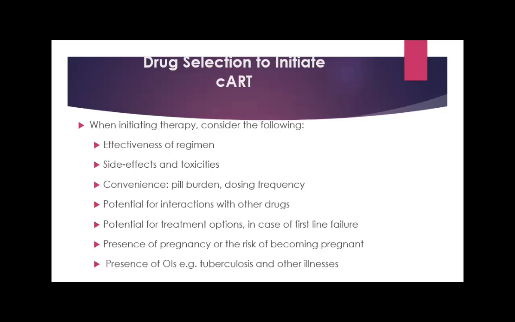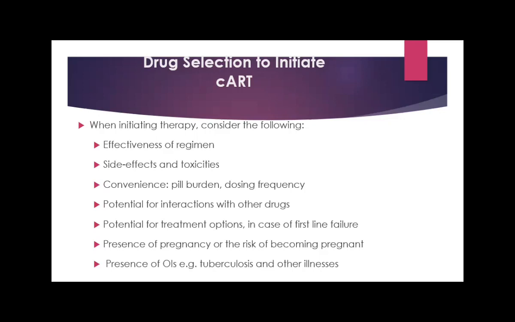Then we also have to consider specific populations such as the presence of pregnancy. Pregnant people are a special group that cannot take certain drugs because of their pregnancy. So we have to consider pregnancy or risk of becoming pregnant before we put the patient on ART.